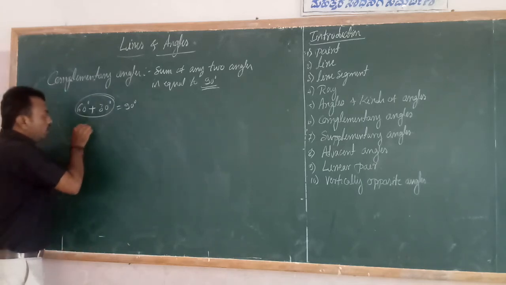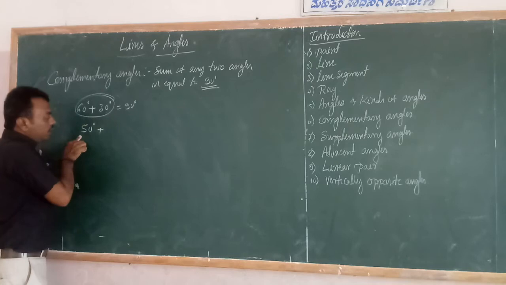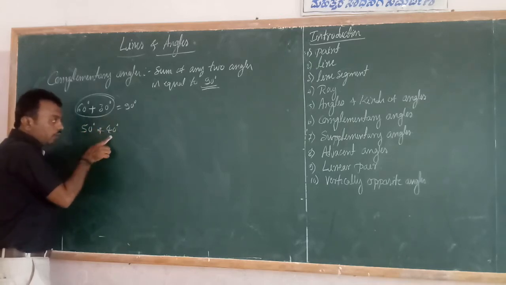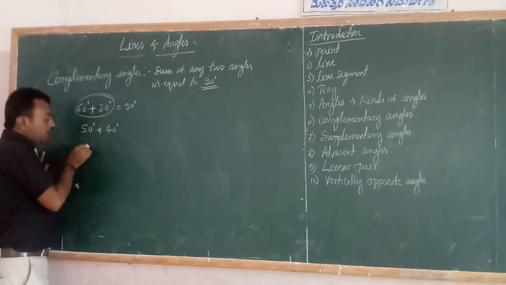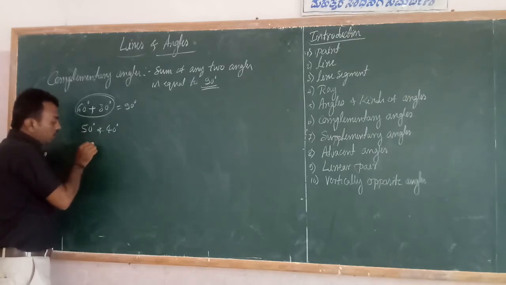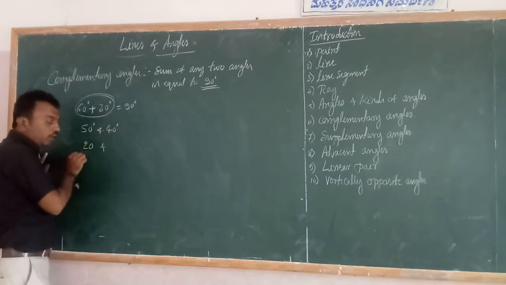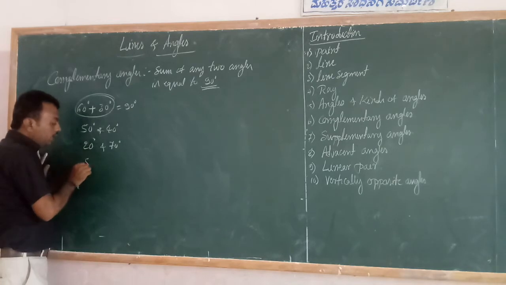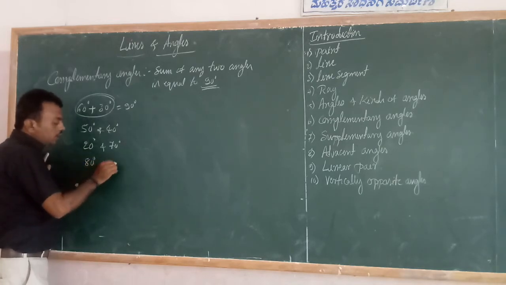One more, 50 degree. The complementary angle of 50 degree is 40 degree. The complementary angle of 40 degree is 50 degree. And 20 degree, what is the complementary of 20 degree? 70 degree. Okay, and then 80 degree. The complementary of 80 degree is 10 degree.